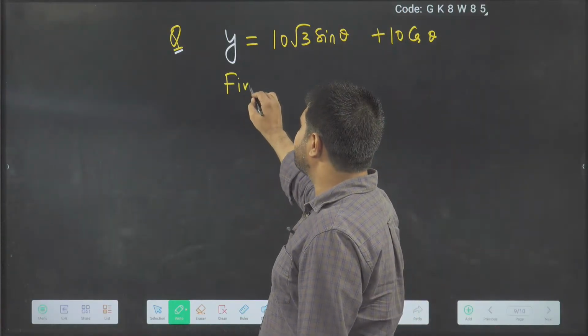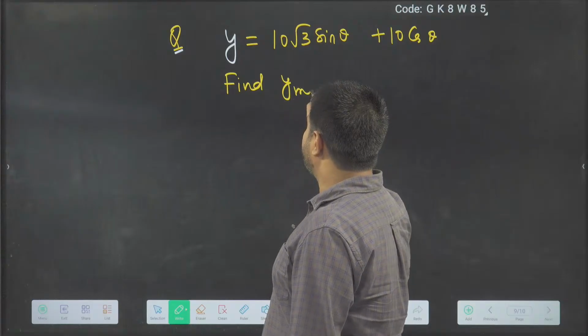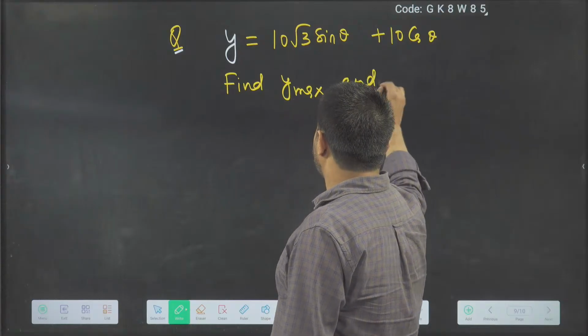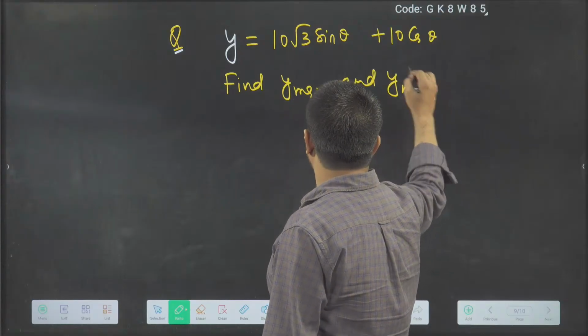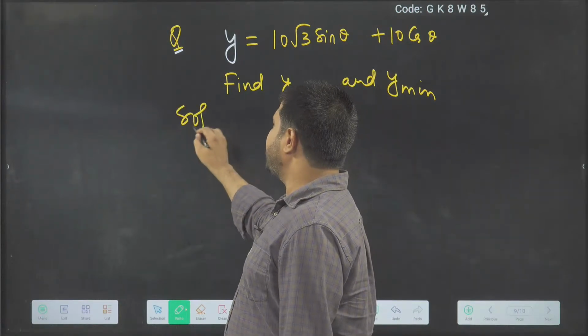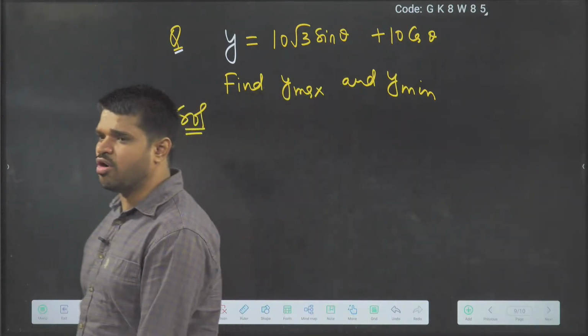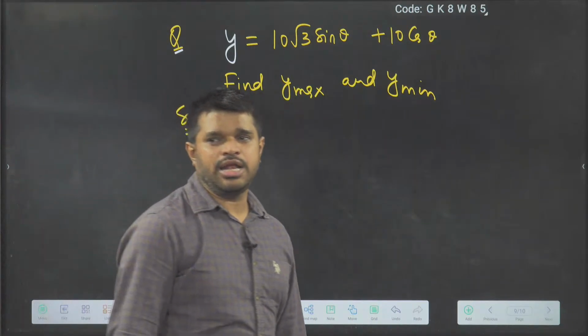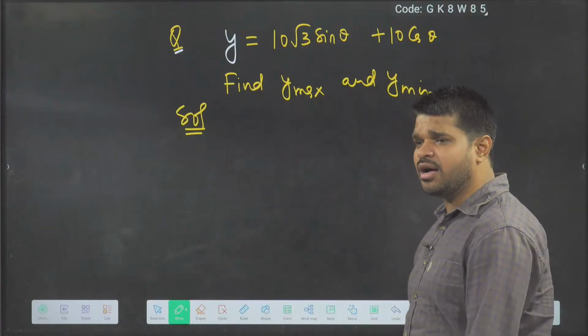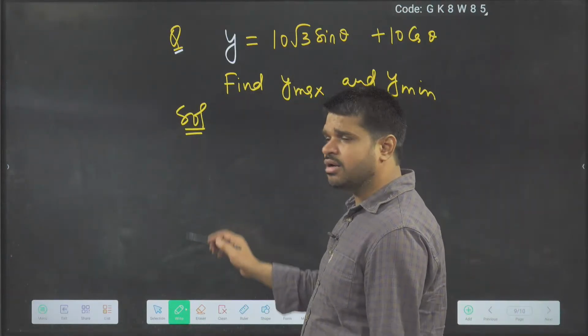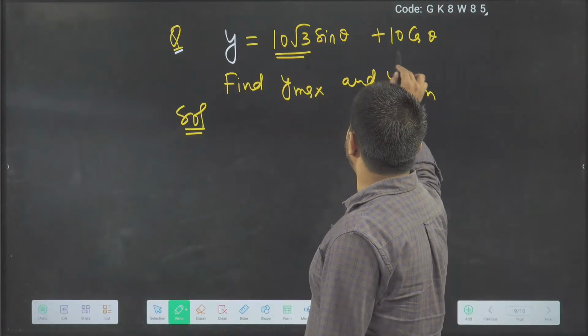Find y max and y minimum. Find the minimum and maximum value of y. 10 root 3 sine theta and 10 cos theta.